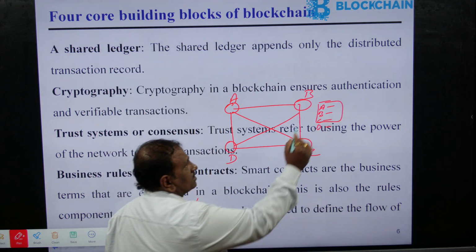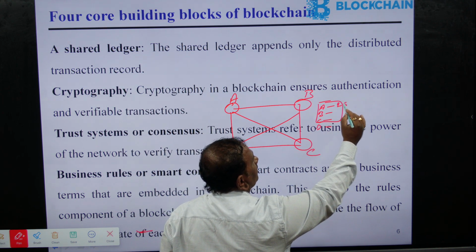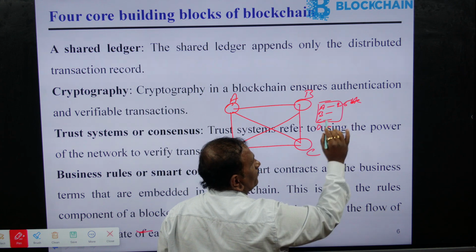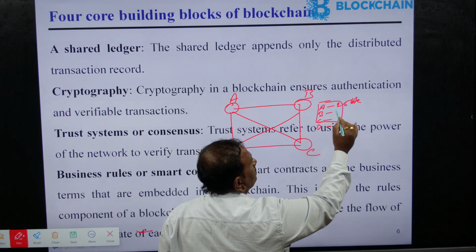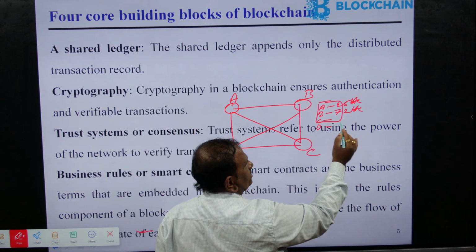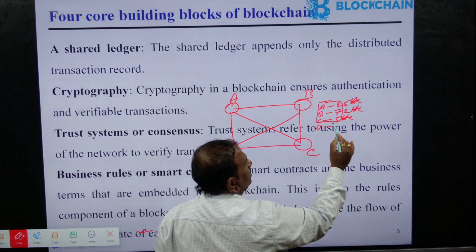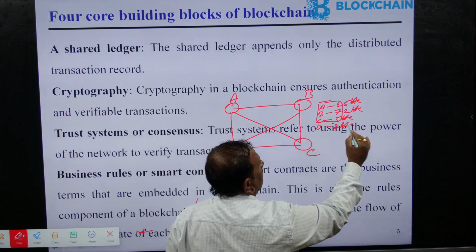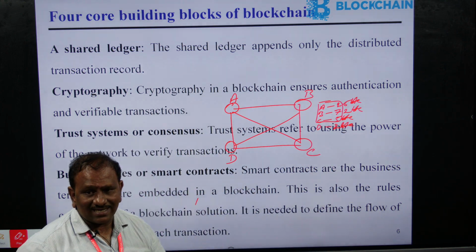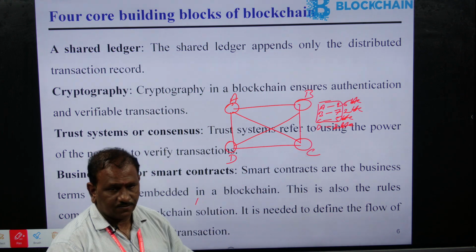Now, what does it mean? Suppose A has 2.5 BTC, Bitcoin values, B has 7.2 BTC, C has 5 BTC, and D has 2 BTC. This is the current ledger which I have right now.